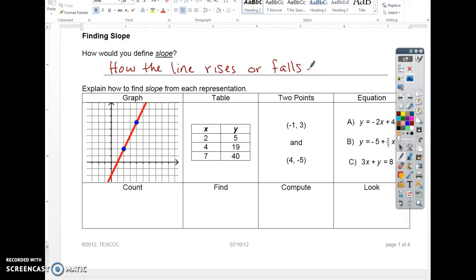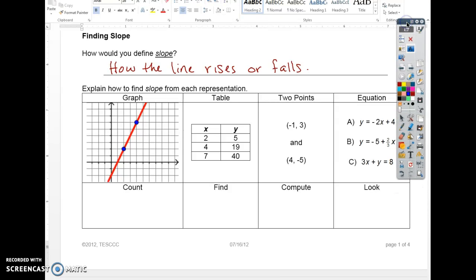How the line rises, how it goes up, or how it falls, how it's coming down. So right here it's asking can you explain how to find slope from each representation? So you've done this before already, so we're going to get back into slope pretty soon, but I'm just going to hit it just how you would do it the easiest way and the fastest way.